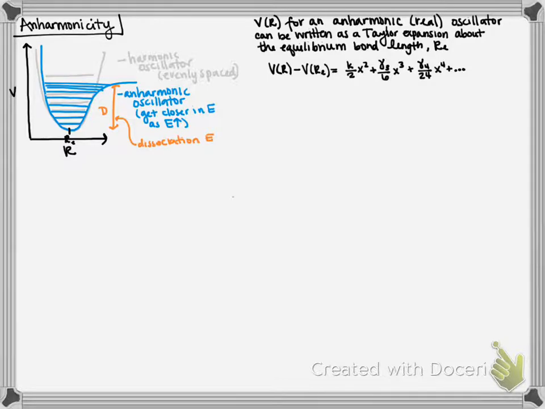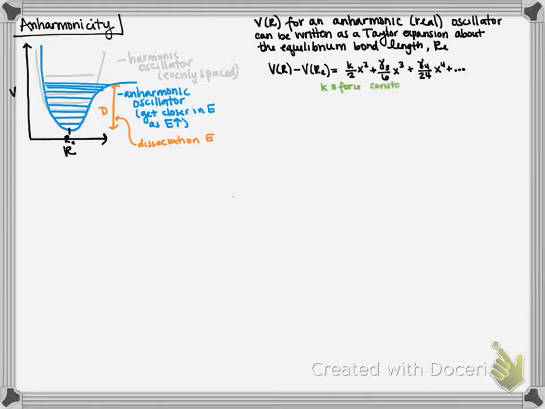Although truncating it after the very first term and calling it a harmonic oscillator can often cause issues. Often that's not a good enough approximation, and so we have to include either just the quartic term or just the cubic term or the cubic plus the quartic term.